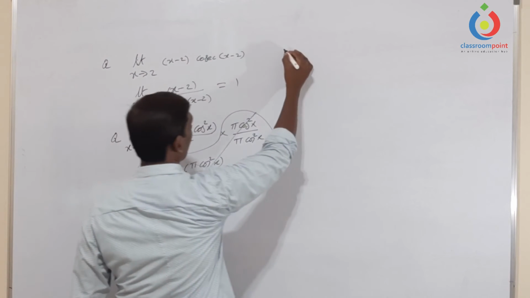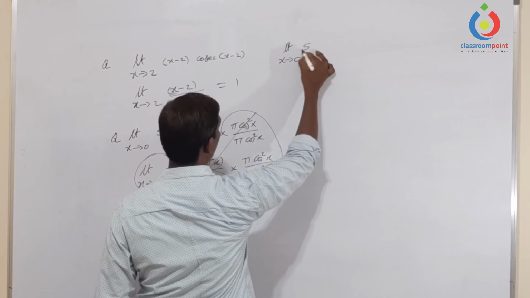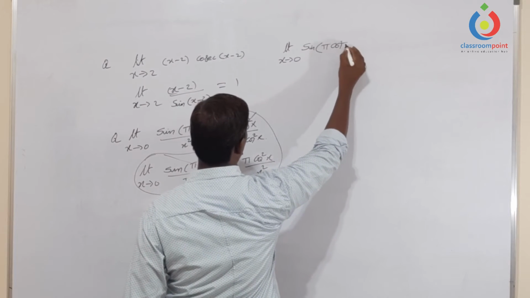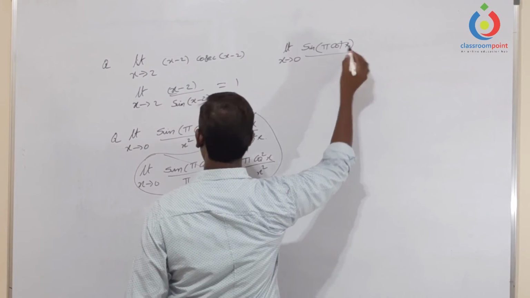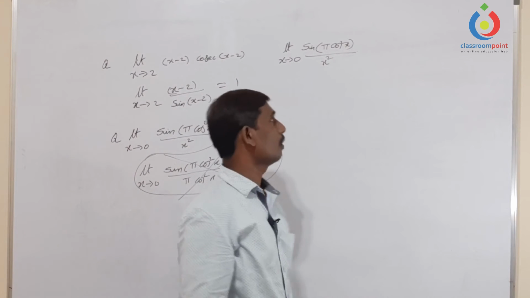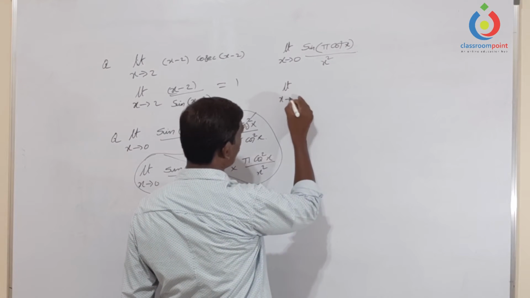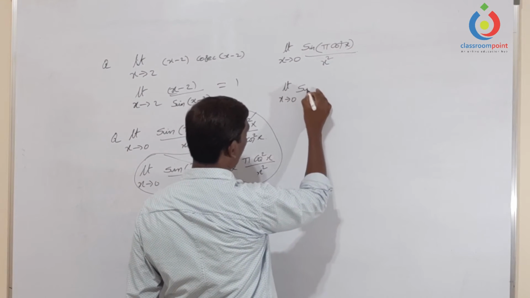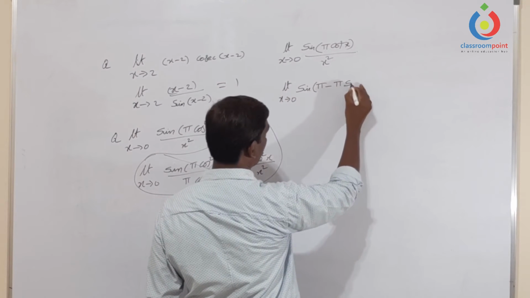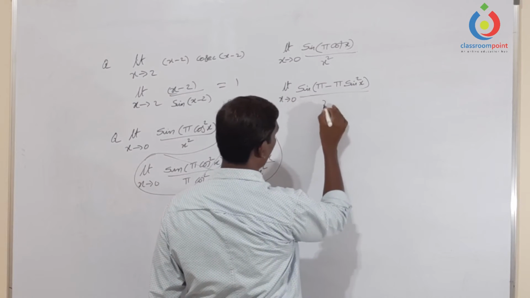Just see. Limit x tends to 0 sin of pi cos square x by x squared. This is the question we have. Right? Now what to do here? Limit x tends to 0 sin of pi minus pi sin square x by x square.